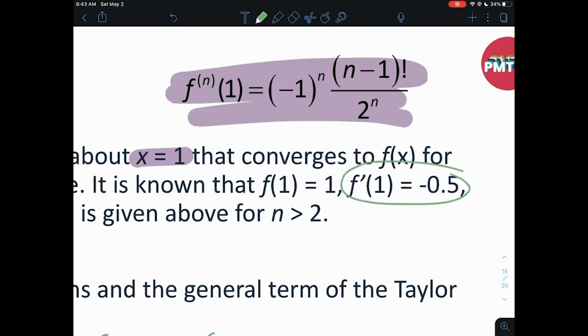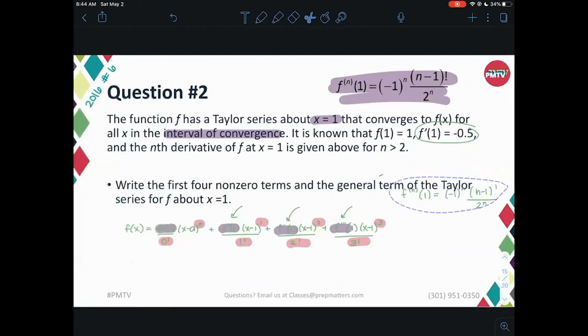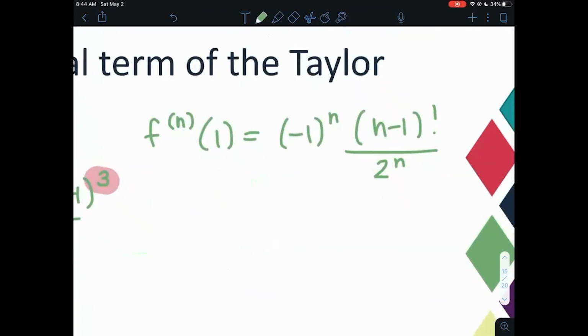The first derivative is already given to us. So if I use this formula, I'm going to write it so that I can bring it down to somewhere that we can work. My value of n here is going to be the derivative number that we're working on. So when we work on, for example, the second derivative, my n equals 2.